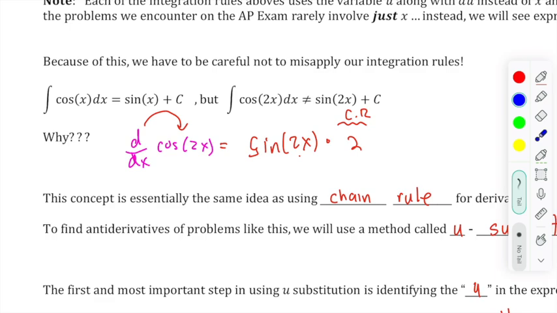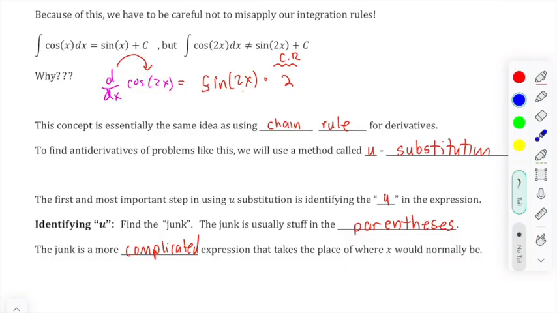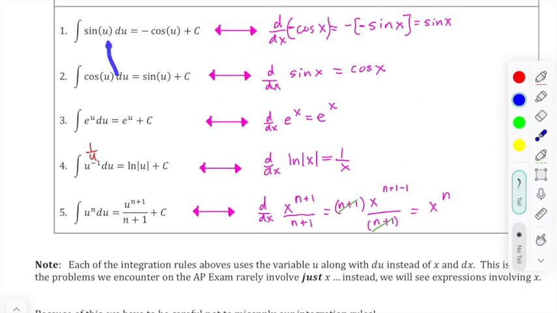This is why we have to have what we call U substitution, which is basically the reverse of chain rule. So the hardest thing about U substitution is figuring out what U is and what we need to substitute for U. Usually it's just a more complicated expression that's in here in the parentheses, right?